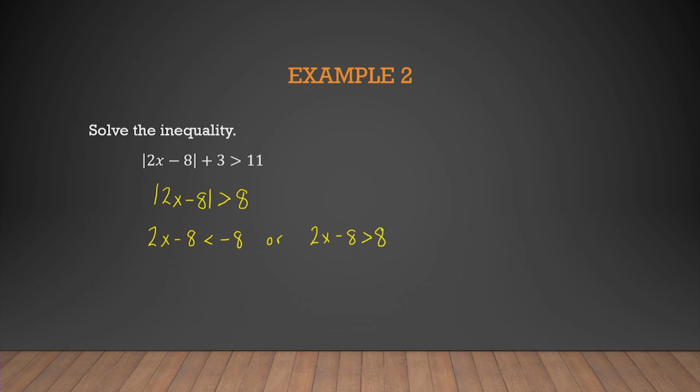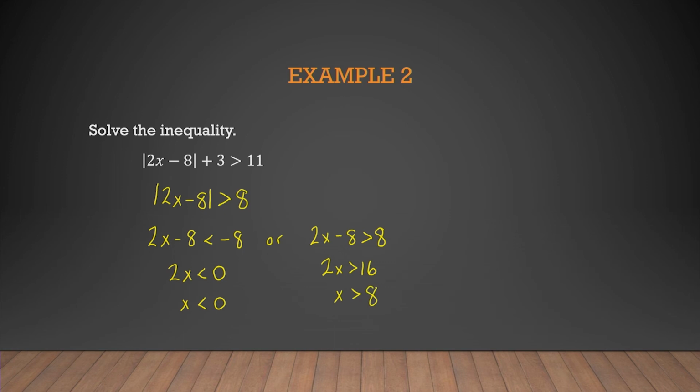For the first one, adding 8 to both sides, we get 2x is less than 0. And then dividing by 2, x is less than 0. For the second inequality, when I add 8 to both sides, we get 2x is greater than 16. And then dividing by 2, x is greater than 8.